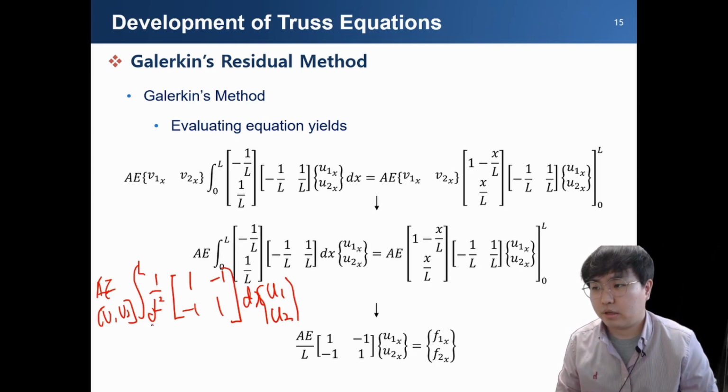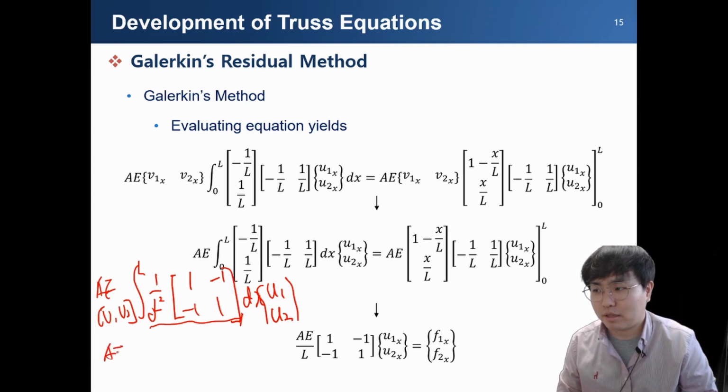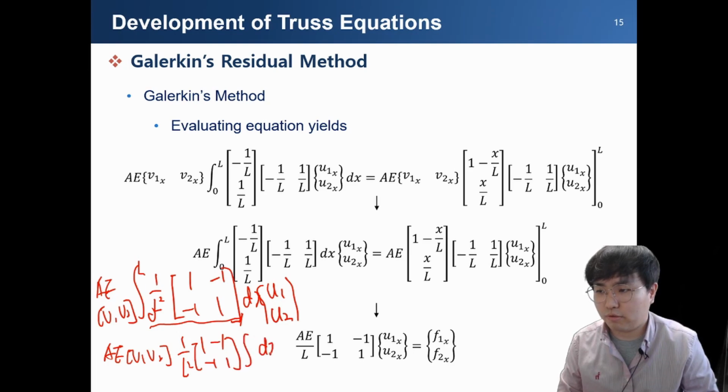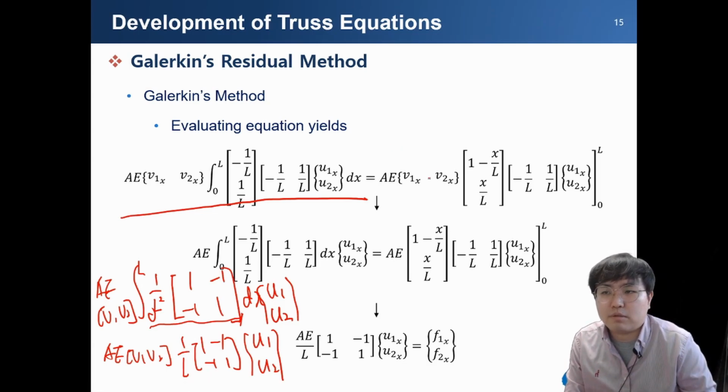Unfortunately, there is no x variable here that you can easily integrate. There is no function or value here, so this integration becomes x from 0 to L, and the value is equal to L. You can cancel out this part against this part, and the remaining things look like this. We obtain the left hand side, and then let's check the right hand side also.